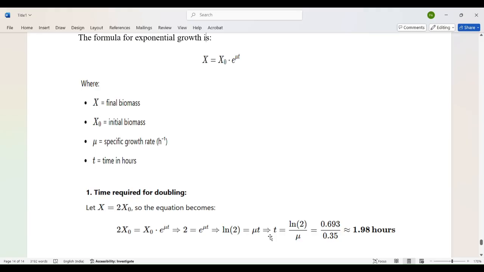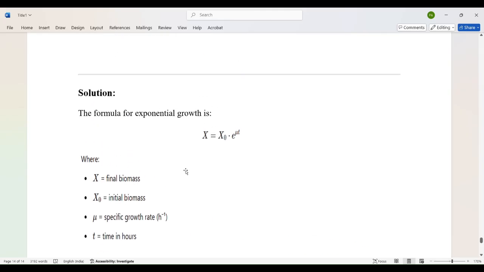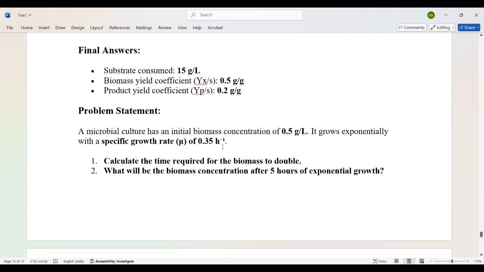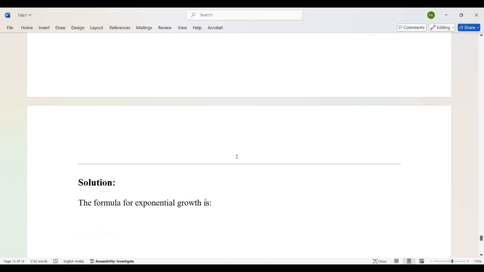The next step, t equals ln2 divided by mu, and ln2, if you check in the calculator, is 0.693, and 0.35 is the specific growth rate that is given in our problem statement, you see here, right?